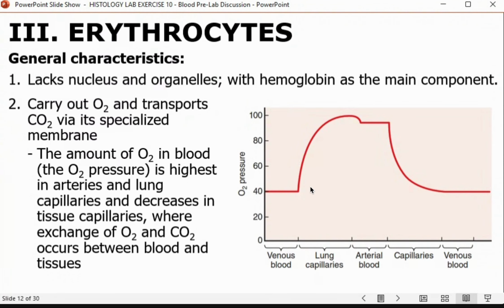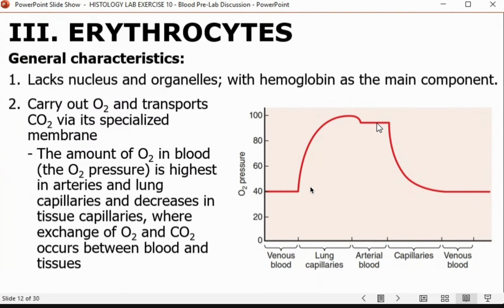The amount of oxygen in blood, called the oxygen pressure, is highest in the arteries because they mostly carry oxygenated blood, and decreases in tissue capillaries where exchange of oxygen and carbon dioxide occurs between blood and tissues. To illustrate this, we have this graph. Here in the venous blood, oxygen pressure is very low because there's little remaining oxygen. But once it reaches the lung capillaries, they get oxygenated. The carbon dioxide is also removed from the blood, so more space for the oxygen.